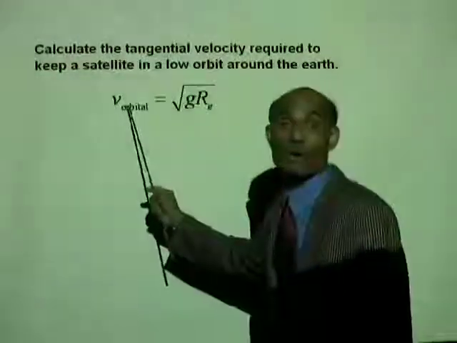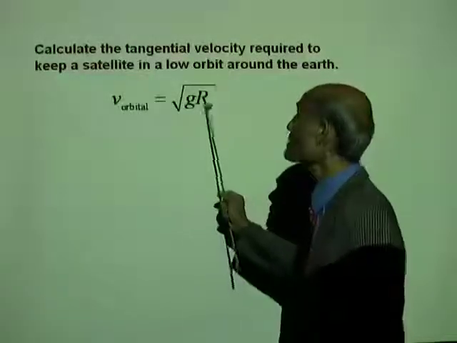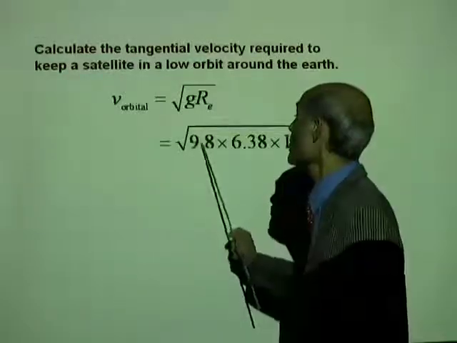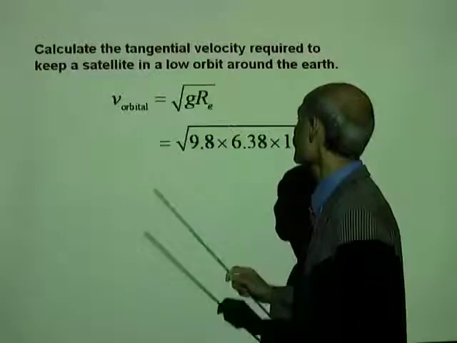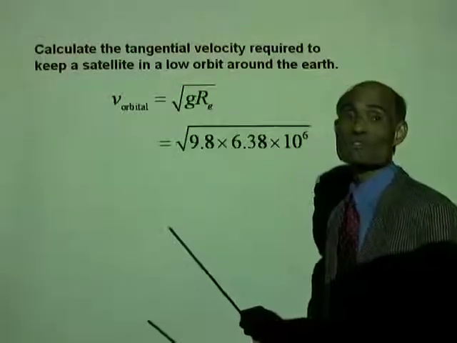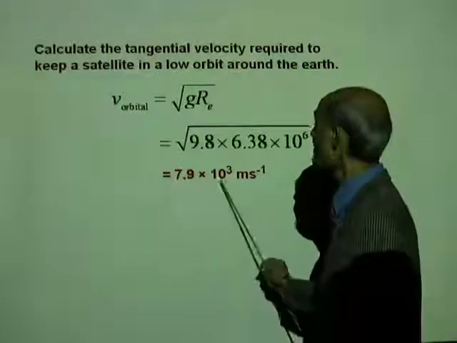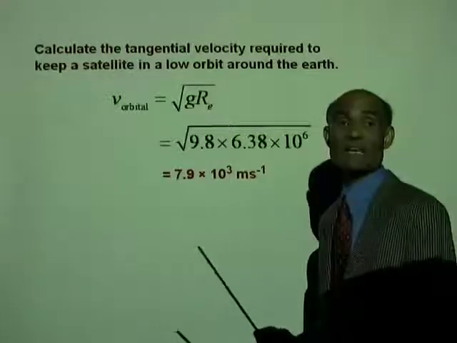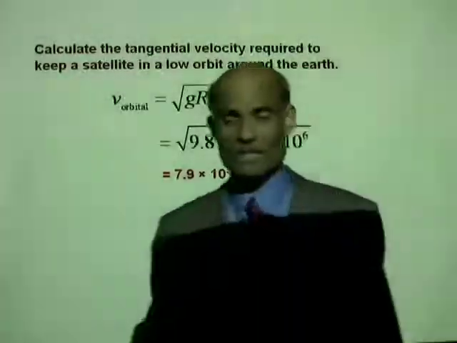Well, we just obtained that equation: v orbital equals the square root of g RE, and that is the square root of 9.8 times 6.38 times 10 to the 6, which is the radius of the Earth. And that is 7.9 times 10 to the 3 meters per second, which is 7.9 kilometers per second.